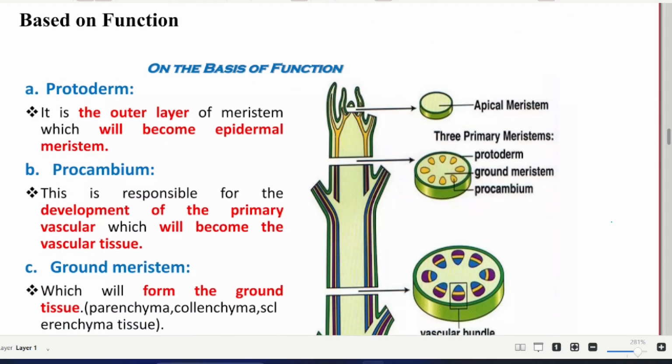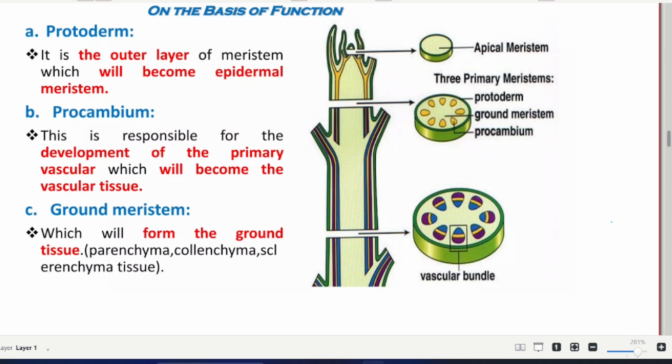Now, based on the function, they are of three types, that is protoderm, which is the outer layer of meristem. You can see here the protoderm is the outer layer which will become the epidermal meristem.